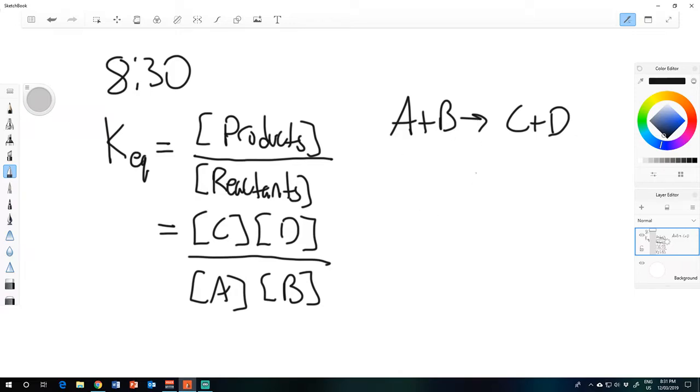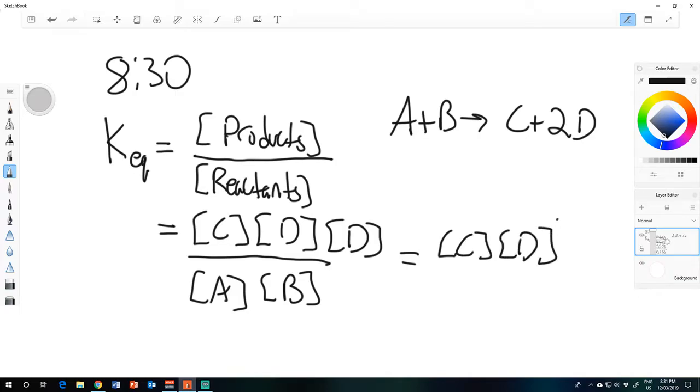And if we had a situation where we had something like 2D, nobody seemed to have any issues by just adding this in here and then simplifying this to C times D squared. So that's just how equilibrium works. The experimental evidence showed us that this is what happens.